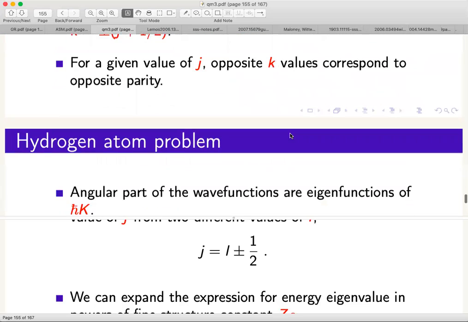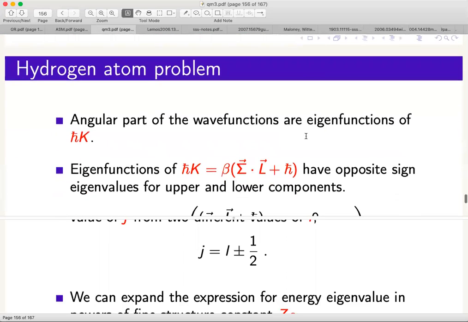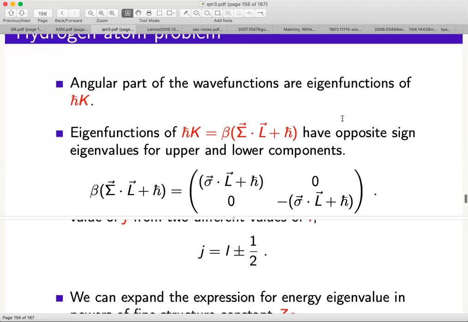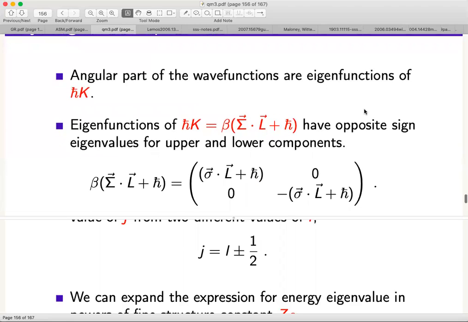Okay, good. So let's get to the angular part of the problem, which we have already kind of claimed that we have solved. The wave functions are basically eigenfunctions of this operator, h bar k, and h bar k was beta times L dot sigma plus h bar.